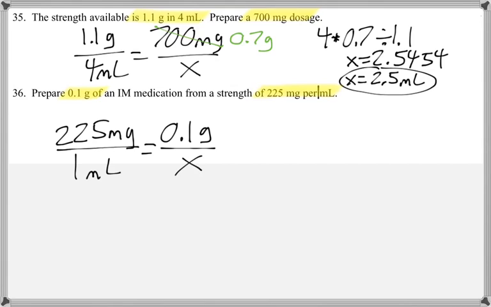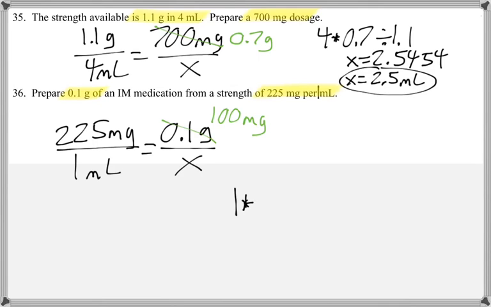And again, I need to get these to match, so I'm going to convert that to milligrams by moving it over 3 places. So 100 milligrams. And now that those match, I can solve the proportion.